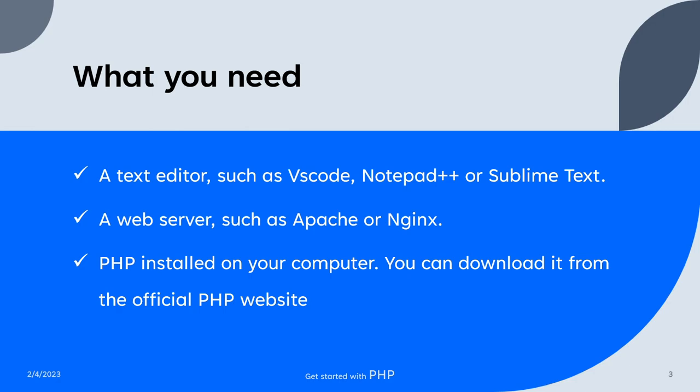Now we will also have to have PHP installed on our computer. Now we are going to download one software that is called XAMPP. Okay, it is called XAMPP, so it comes with PHP already in it. So I'll just show you how to configure it in order to get your development environment ready to write PHP code.